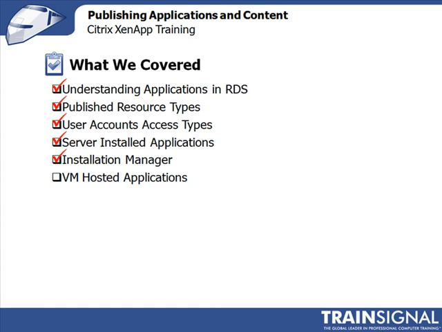We then talked about VM hosted applications and how certain applications will just not install on server class operating systems and how they require a guest operating system in order to install, like Windows XP or Windows 7 or Windows 95, and how there's a need sometimes to centralize some of these applications and make them available to users.